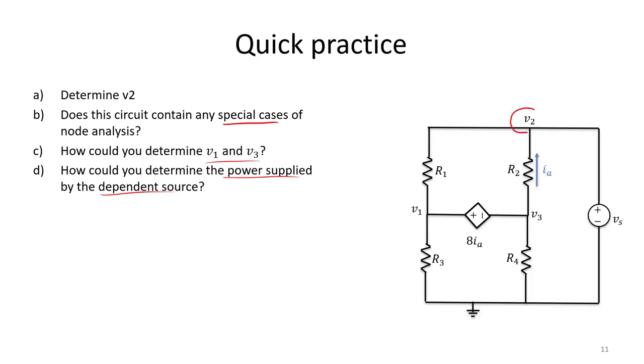Well, notice V2 is this node up here, which this whole area is actually equal to V2 volts. Right? That whole area is connected by a short, so this whole area is sitting at V2 volts.